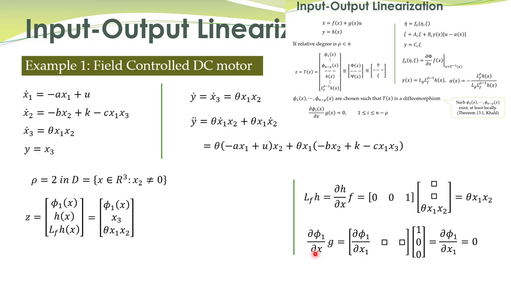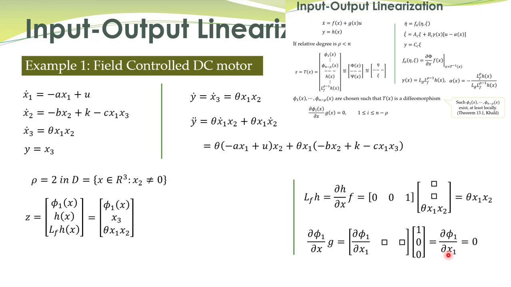Partial phi 1 over partial x multiplied by g must be equal to 0. I have not written the partial derivative of phi 1 with respect to x2 and with respect to x3, because whatever is over here multiplied with 0 will become 0. So that is given over here.